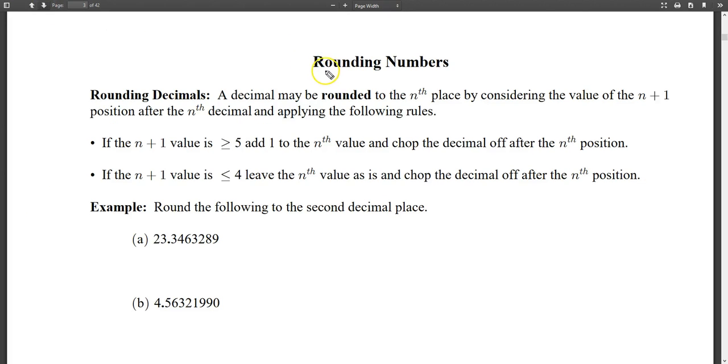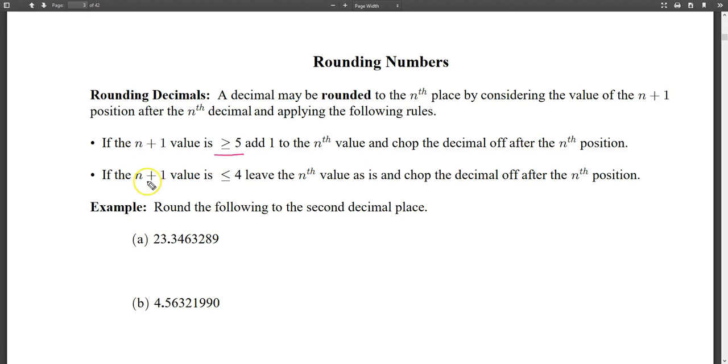Now let's recall how we round numbers. A decimal number may be rounded to the nth place by considering the value of the n plus first position after the nth decimal place and applying the following rules. If the n plus first value in the decimal expansion is bigger than or equal to 5, we add 1 to the nth value and then chop the decimal off after the nth position.